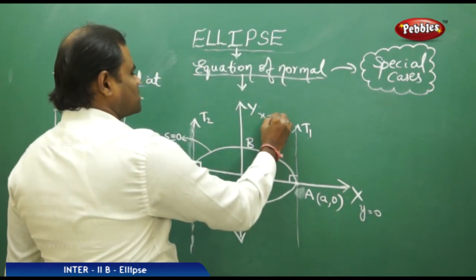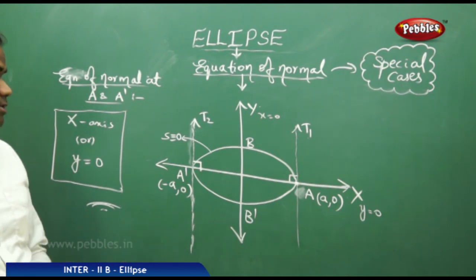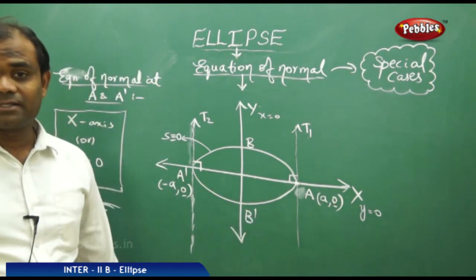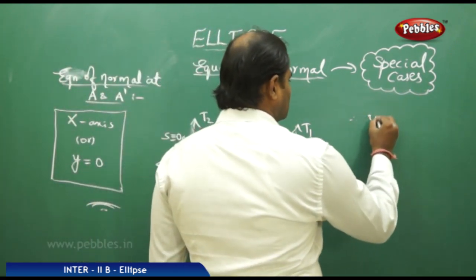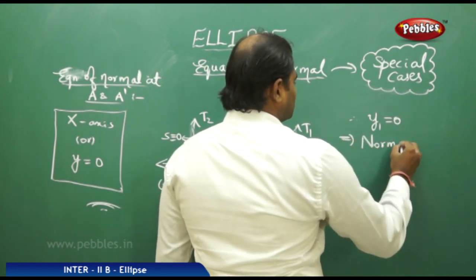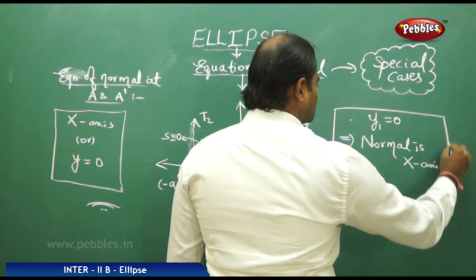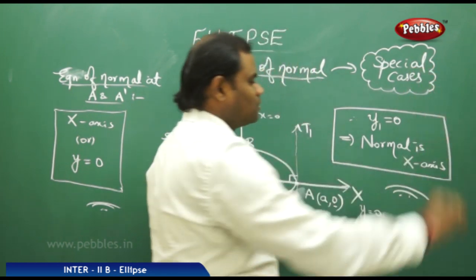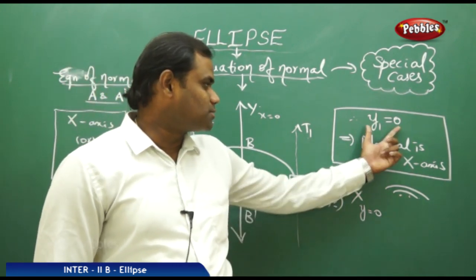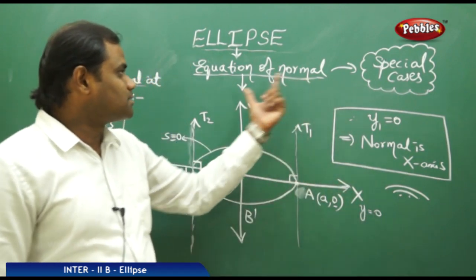In the previous case it was x = 0. Therefore, in general, for any other ellipse which is not standard, if I have my y coordinate as 0, I get my normal as the x-axis. So y1 = 0 implies the normal is the x-axis, or y = 0. And x1 = 0 implies the normal is the y-axis. This is how we understand the special cases connected with the equation of normal.